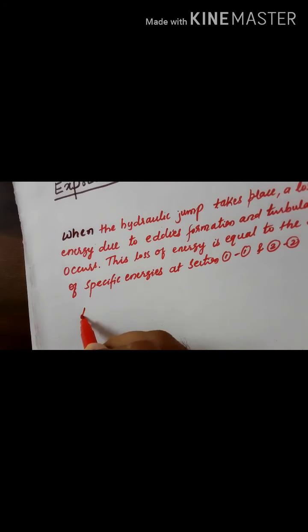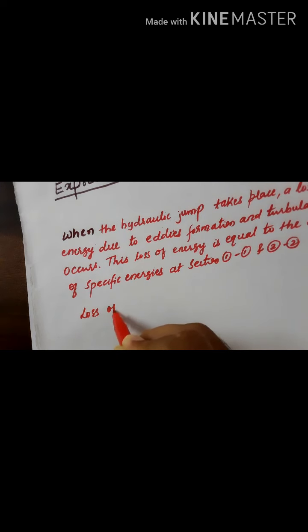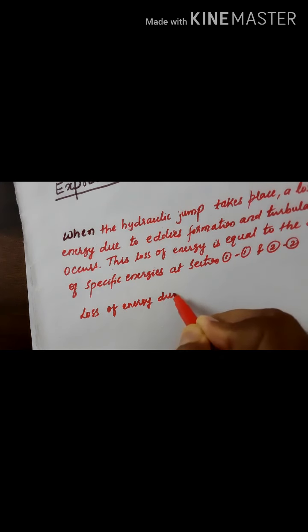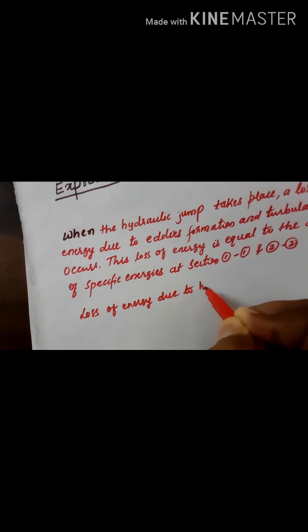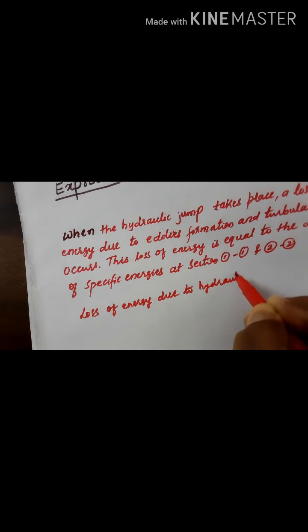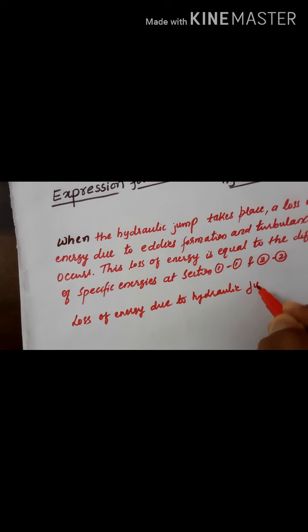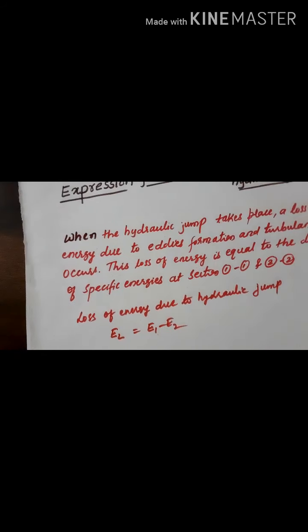Now let us take the loss of energy due to hydraulic jump, which can be written as EL equal to E1 minus E2.